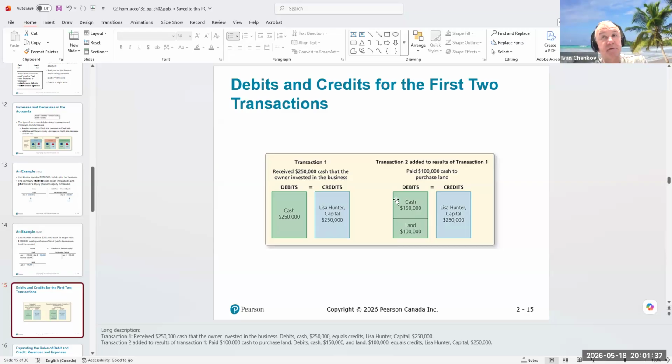In the second transaction, we're not touching the right side of the equation. We're working only with the left side. So if something goes up, something has to go down on the left side of the equation. So cash goes down, but land goes up.